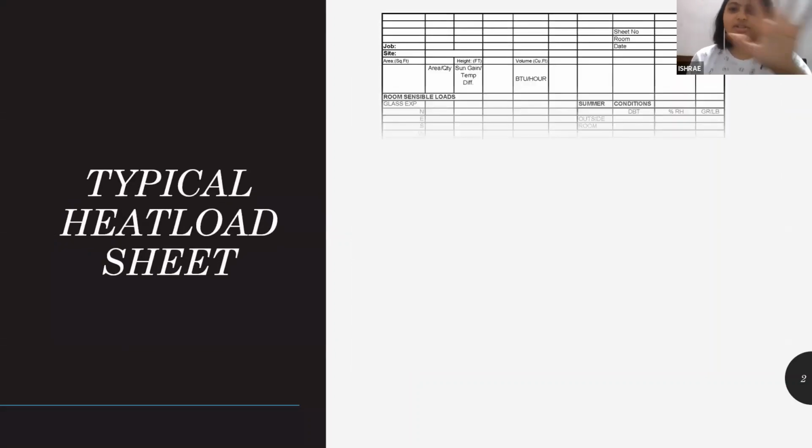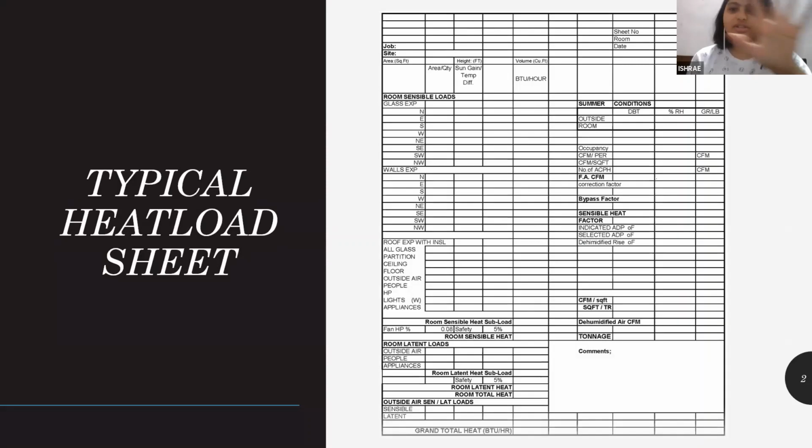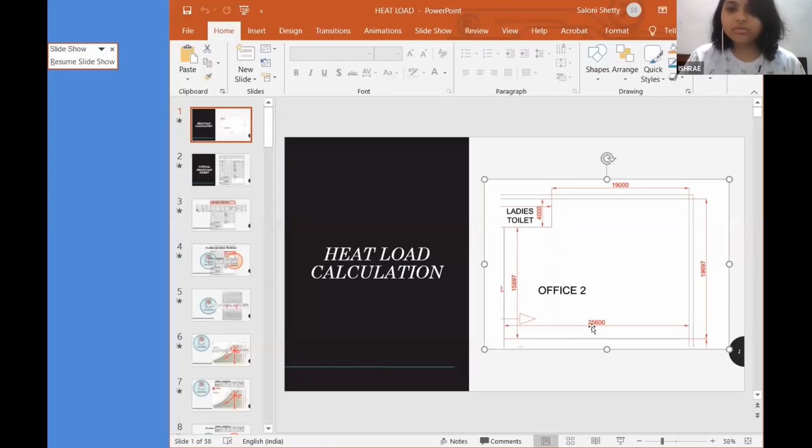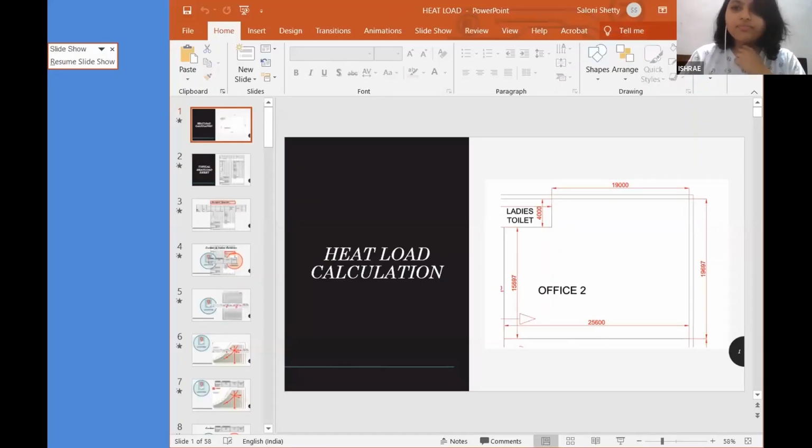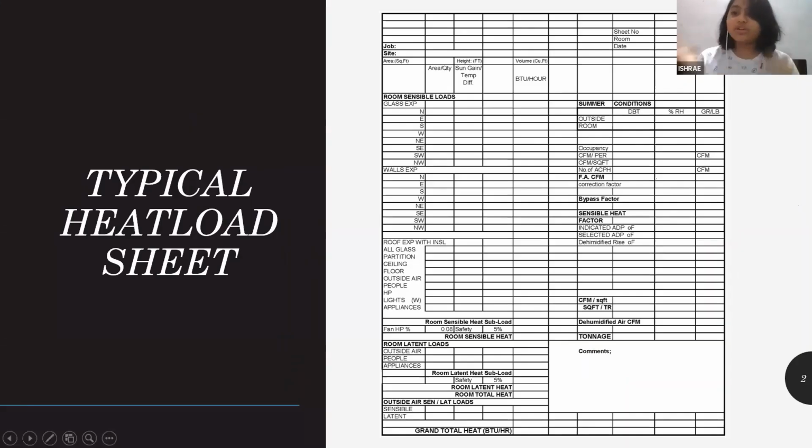So this is what a typical heat load sheet looks like. This is an example of the E20 sheet. This sheet was also given at the end of the ISHRE handbook section 1.